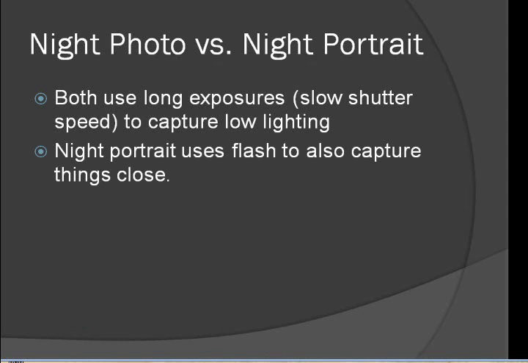However, night portrait uses a flash to also capture things close. And so a couple instances I can think of to apply this would be when we went up to Chicago and we walked out on the Navy Pier at night.